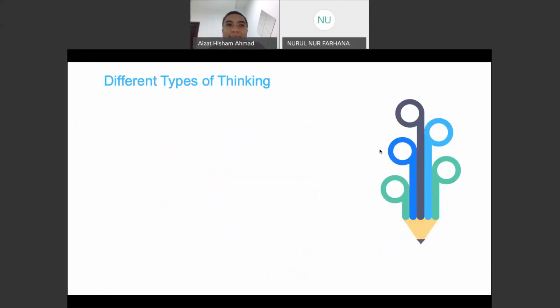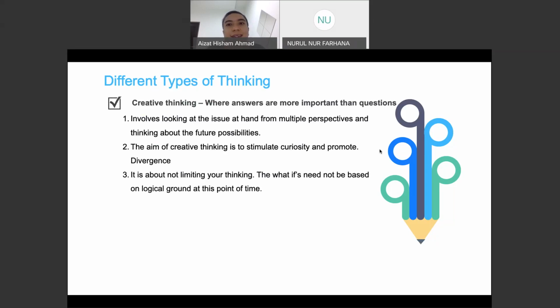All right. Now, in design thinking itself, there are many types of ways of thinking. In today's session, I want to focus only on the types of thinking that are very much related to design thinking. So let's go through them one by one. Creative thinking.